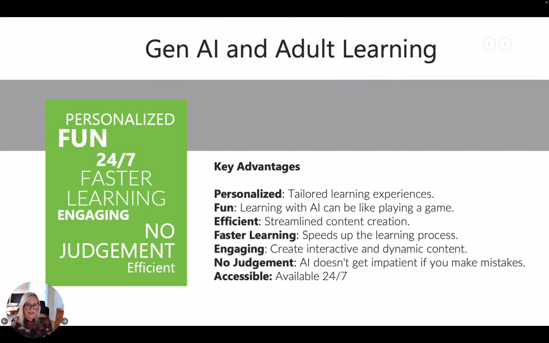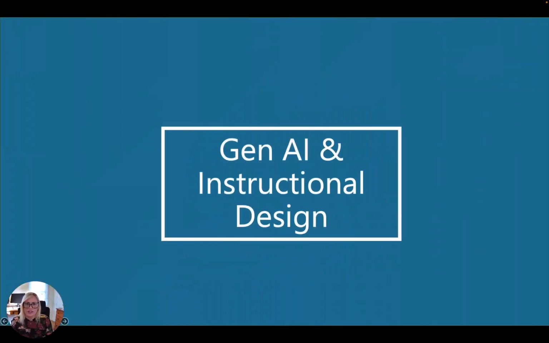So it can be fun, it's efficient because it streamlines content creation, it's engaging, it doesn't get impatient if you make mistakes. So how great is that? And it's accessible and available 24/7. So for learners who need information quickly, and if you'd like to have fun and explore different topics, then AI can work really, really well for adult learning. And we'll look at some ways how.